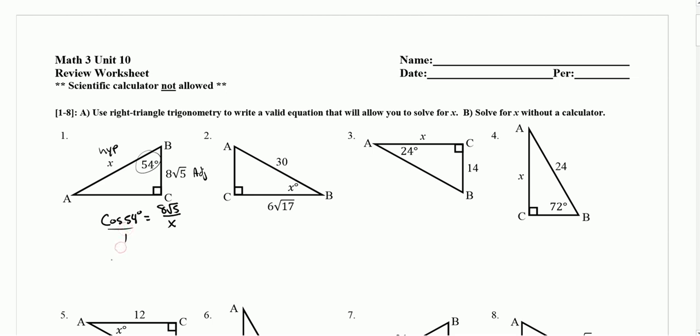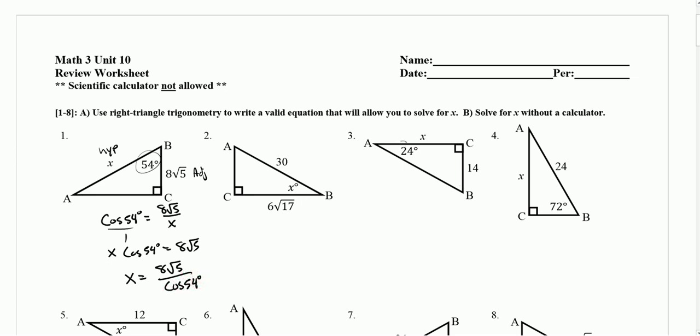Think of that as a proportion, cross multiply, and you get x times the cosine of 54 is 8 root 5 times 1. And then divide by the cosine, you get x is 8 root 5 divided by the cosine of 54.